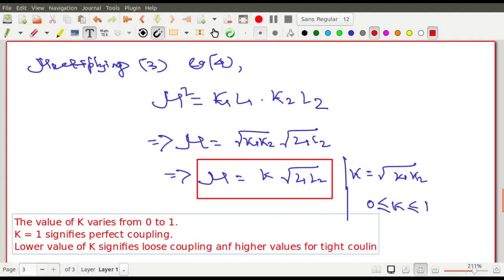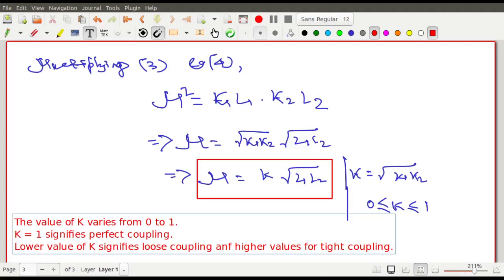Okay, you understand these words. Loose coupling means very little flux is going, a very less amount of the flux through C1 is linked up with C2, and tight coupling means maximum part of the flux of C1 gets linked up with C2.